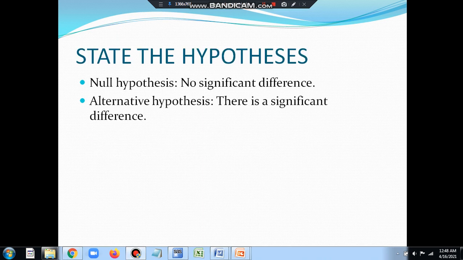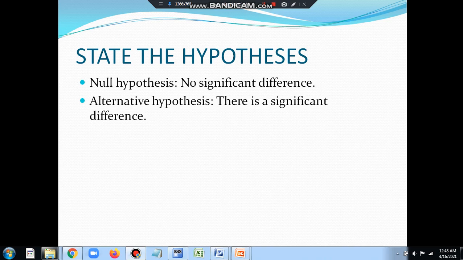Whenever we perform a t-test or any statistical test, there are two types of hypotheses. One is the null hypothesis, which states that there is no difference, and the alternative hypothesis states that there is a difference.